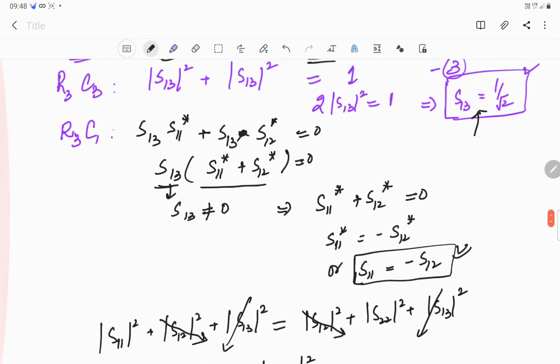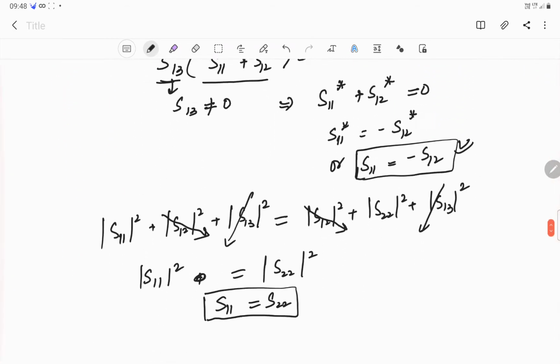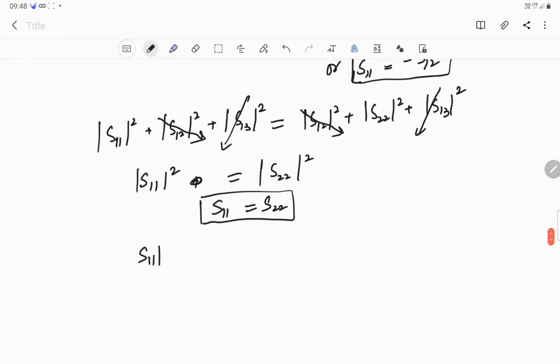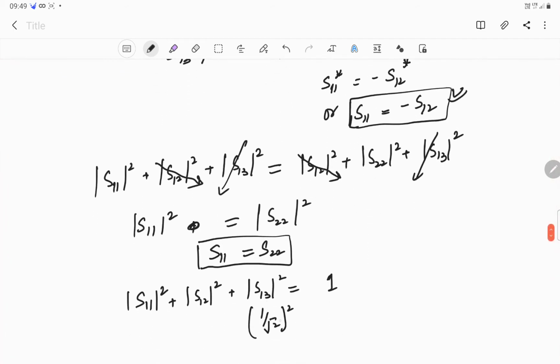Now from equation 1 we know S11 square plus S12 square plus S13 square is equal to 1. S13, as we know, is 1 by root 2. We have already obtained its value, so S13 is 1 by root 2 square.